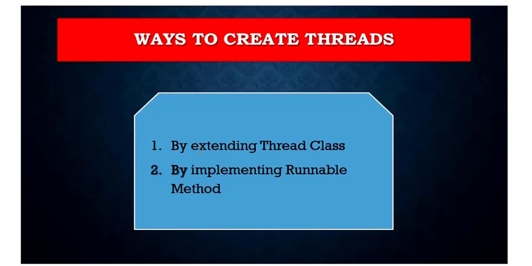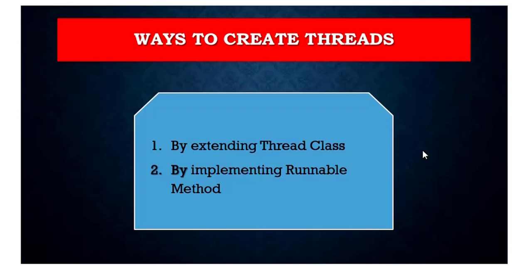Java has an inbuilt class called Thread, so we are going to extend our class from that Thread class. The second method is to implement the Runnable interface. These are the two ways you can follow to have a thread, or a multi-threading concept, in your program.